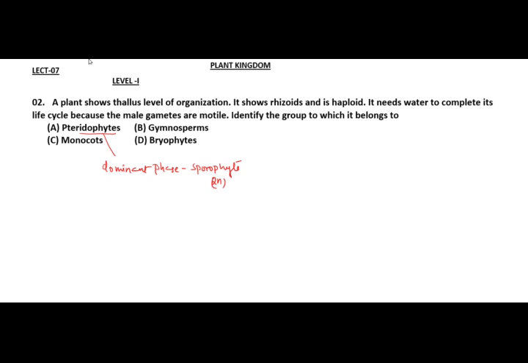Here they have mentioned it haploid, and they also have rhizoids, which we don't see in pteridophytes as well as gymnosperms, and also in monocots, which are grouped under angiosperms. So all these characters belong to the group bryophytes. Hence the answer, option D, is the right answer.